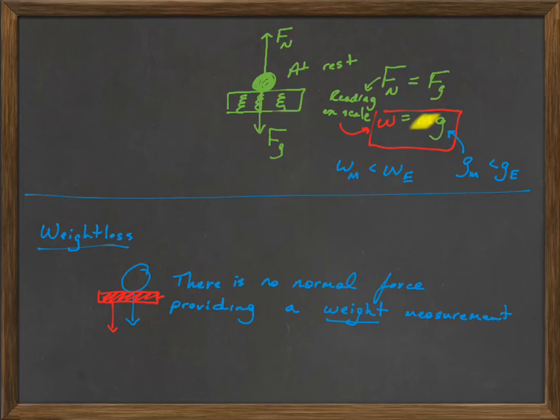So therefore we call it weightless. But it doesn't change the fact that there is still a gravitational force that we can calculate to be the mass times the gravitational effect. Effectively in free fall, you're weightless, but it doesn't change that gravity is still trying to pull you down.